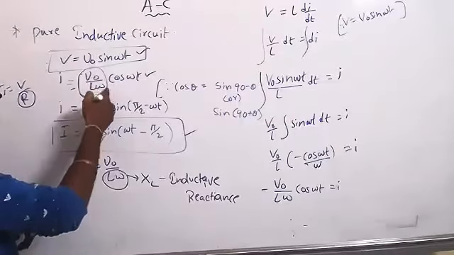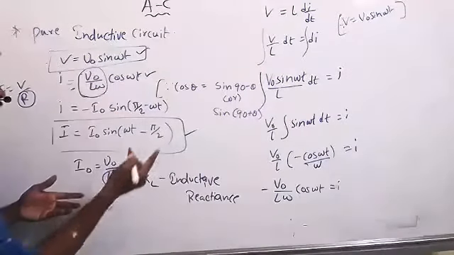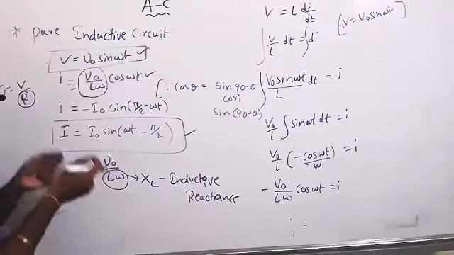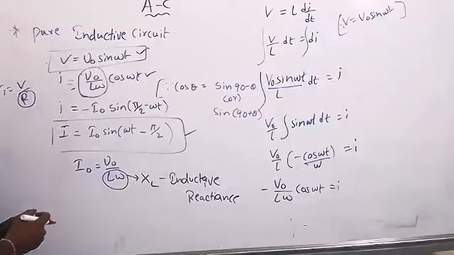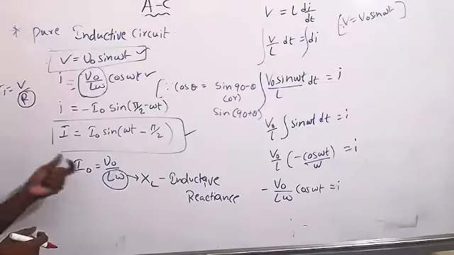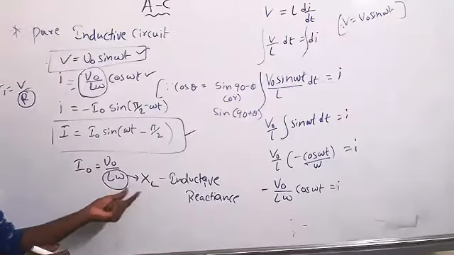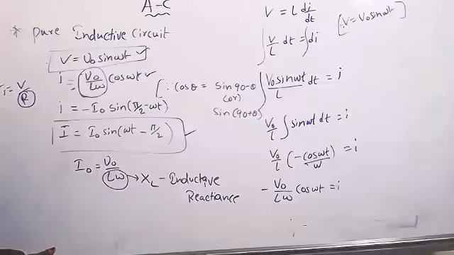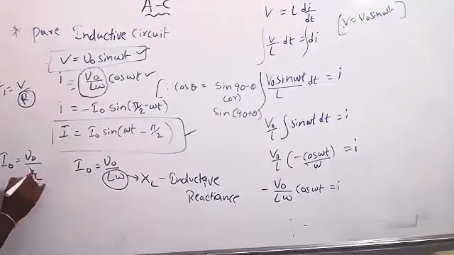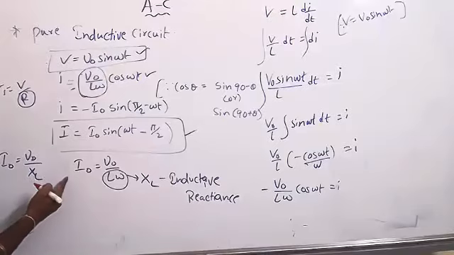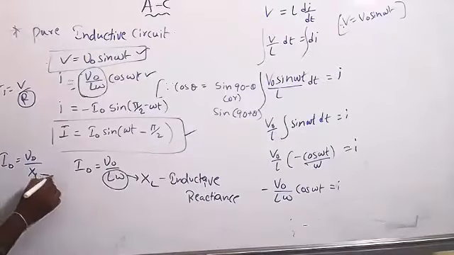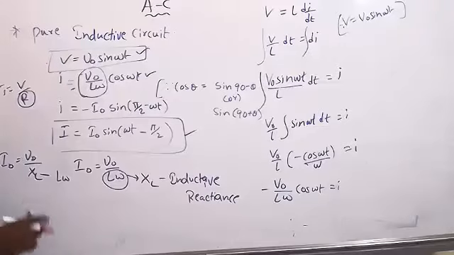So it is called inductive reactance, meaning resistance offered in inductor. It is also called X_L. We have just given the name X_L. So I can write I naught is equal to V naught by X_L. X_L is L omega. We will substitute in the upcoming classes.